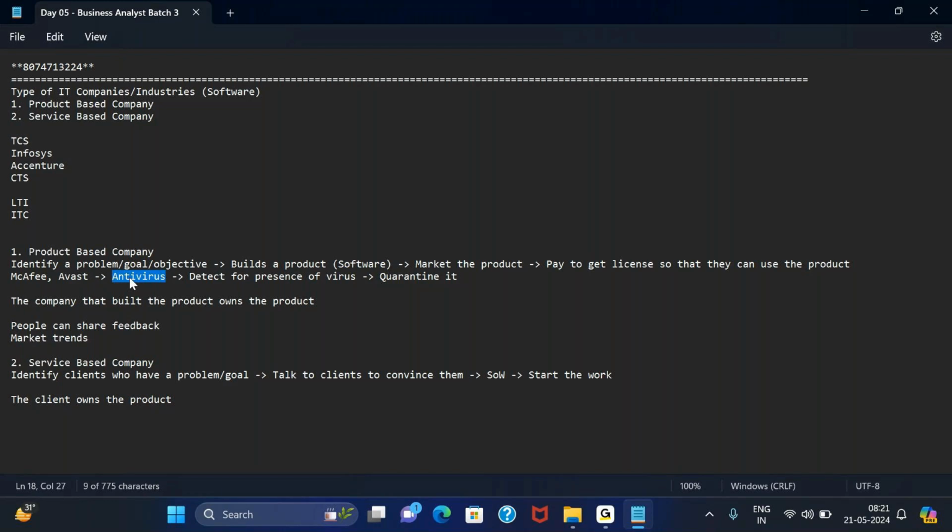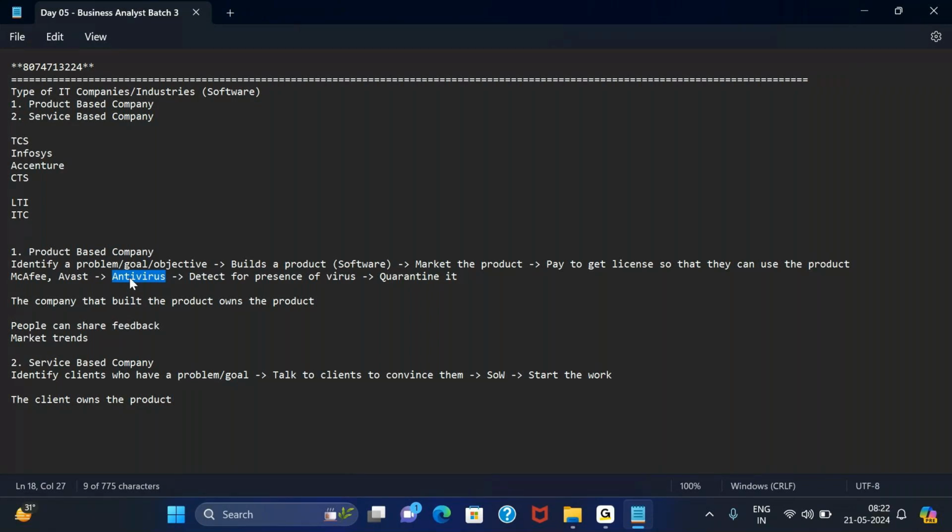So maybe I want an antivirus that can help detect that this is not a safe website. So these products over time have evolved. How can they evolve? Either people can share feedback, or the company itself can look for market trends.